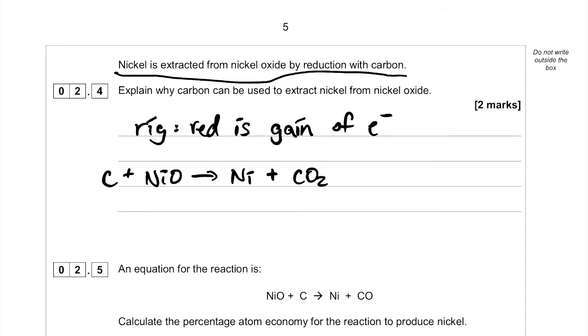And to make this equation actually go in the forward direction, the carbon has to be more reactive than the nickel.